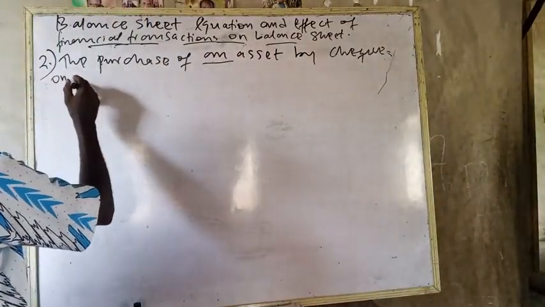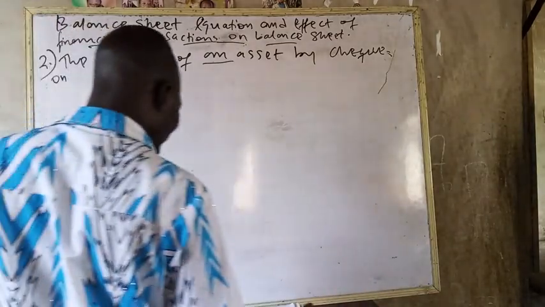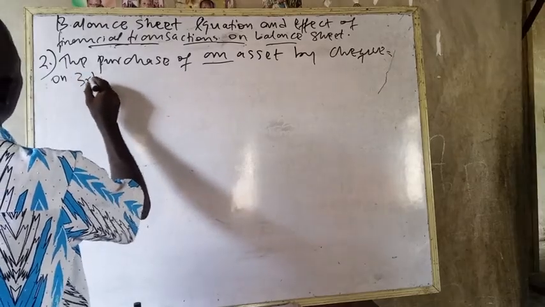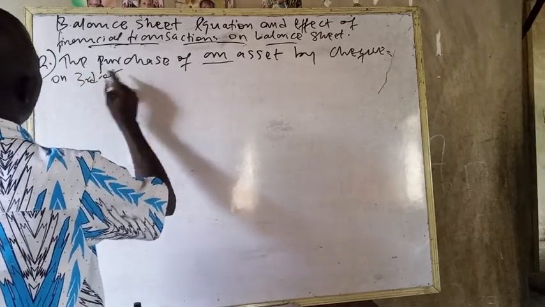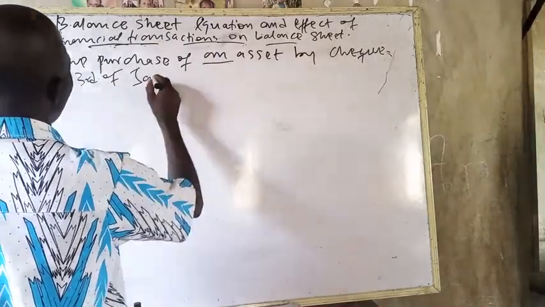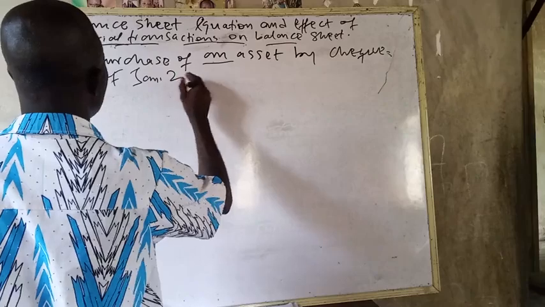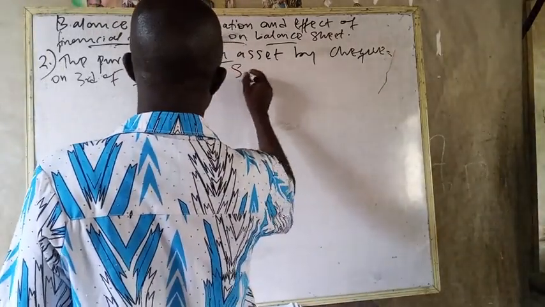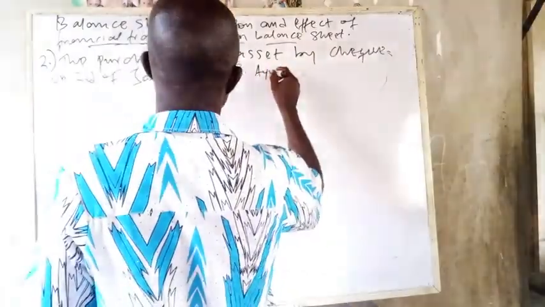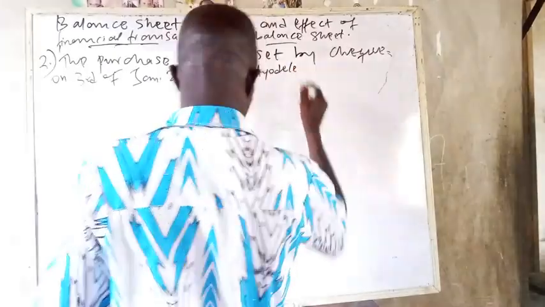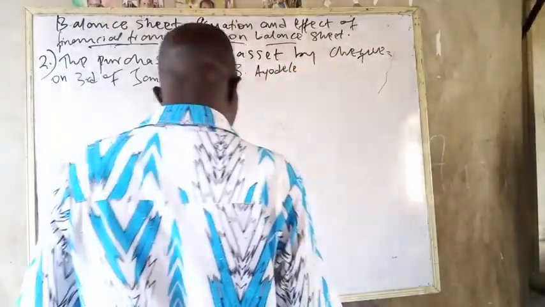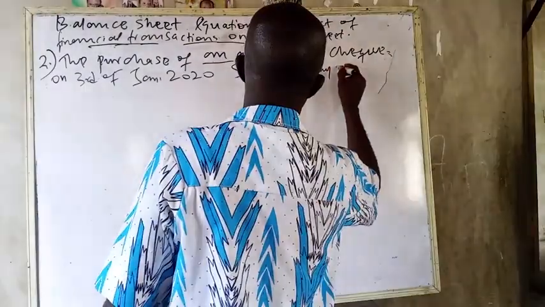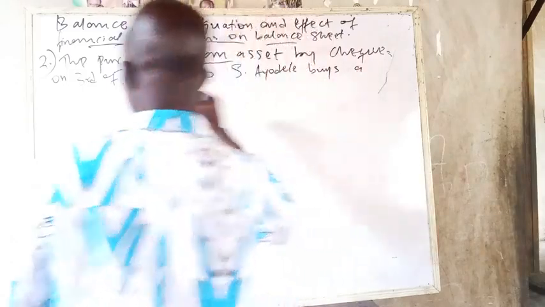On 3rd of January, let me short it this way, 2020, S. Ayodele, the owner of the business, buys a delivery van.